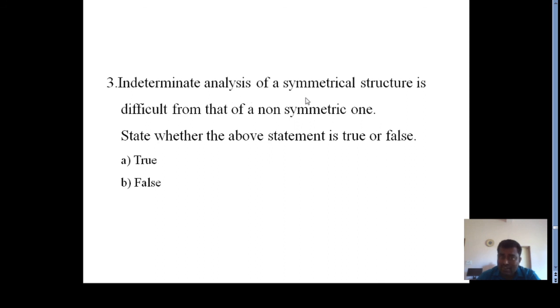If your member is symmetrical in matrix form, it is very easy to solve. There is no difficulty in solving this problem. Therefore your answer is false. If your structure is symmetrical, we can easily analyze it. Therefore that statement will be false. The answer is B.